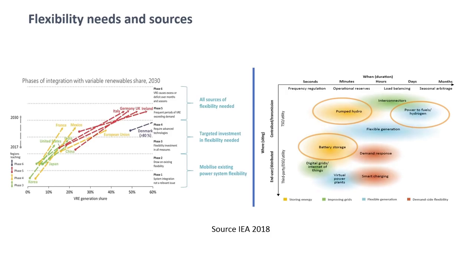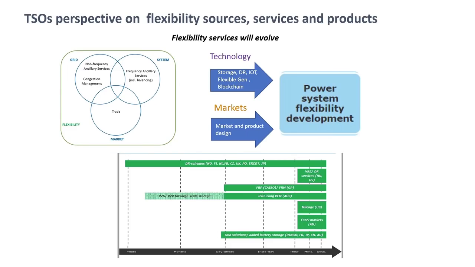Looking at the different technologies and the different applications as regards the time frames, we can see that actually the storage classes can be used in different time frames and different locations, being at the local level or being at transmission level. Further on, I would like to introduce you a little bit to the TSO perspective regarding flexibility sources, services, and products.